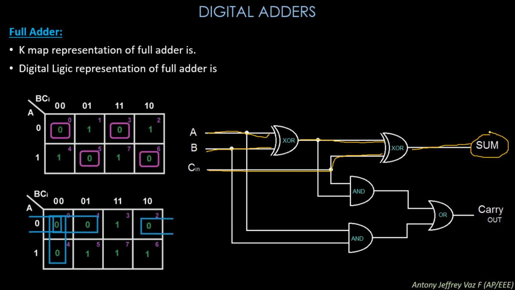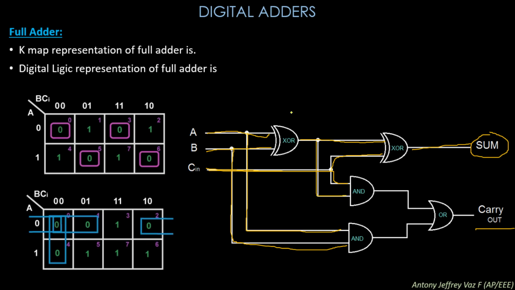Okay. For the next thing, you know that the operation of AB plus BC plus AC will give you the carry. So for that, the AB term is present here. Okay, and you can see the C term with respect to the output from the XOR is present here.